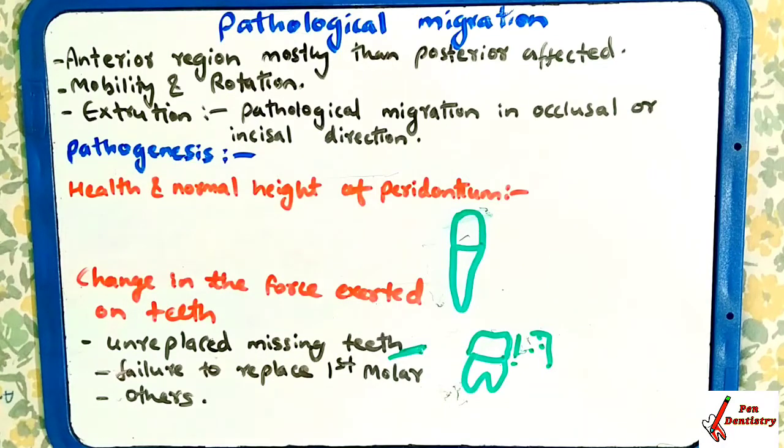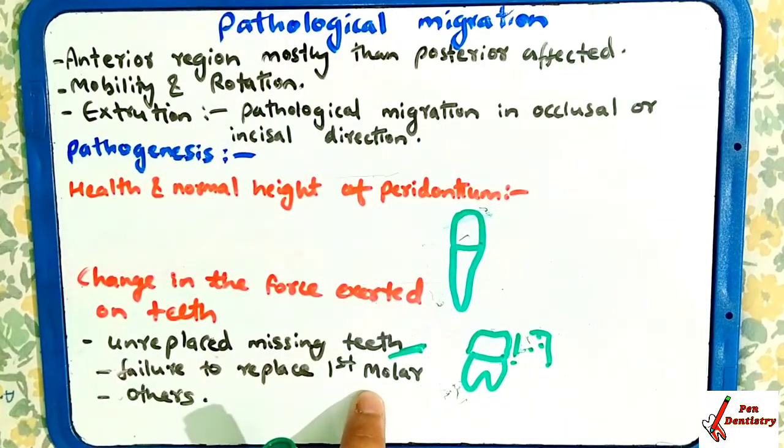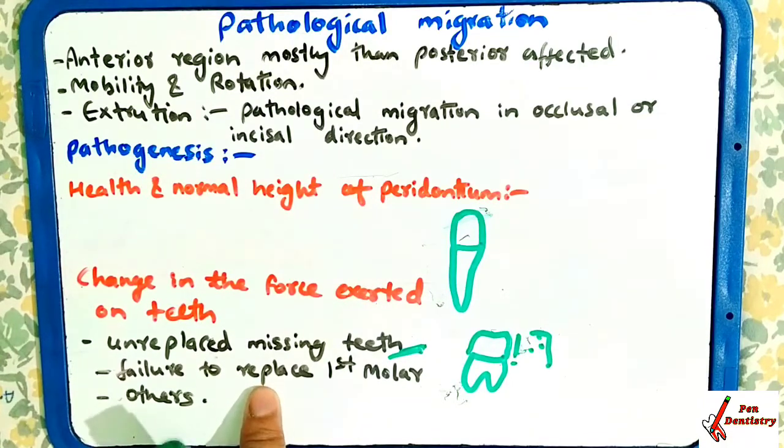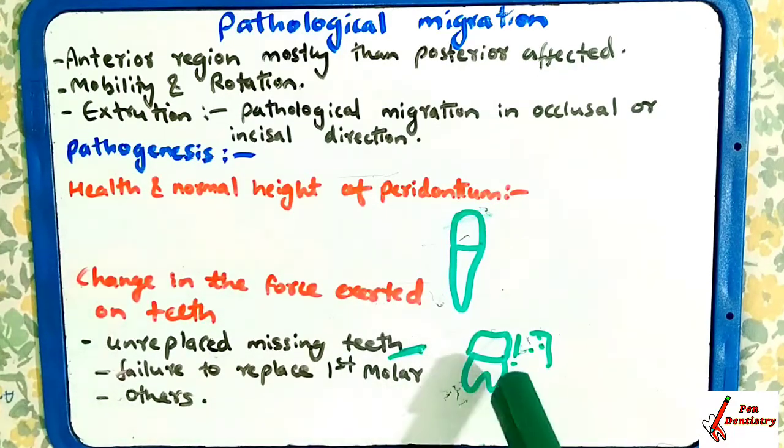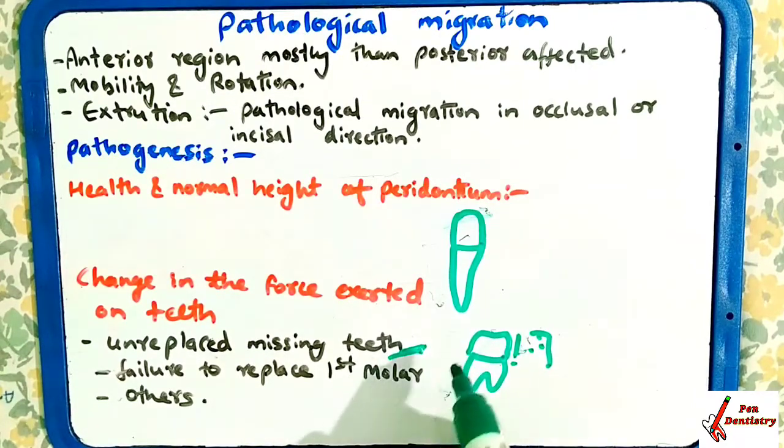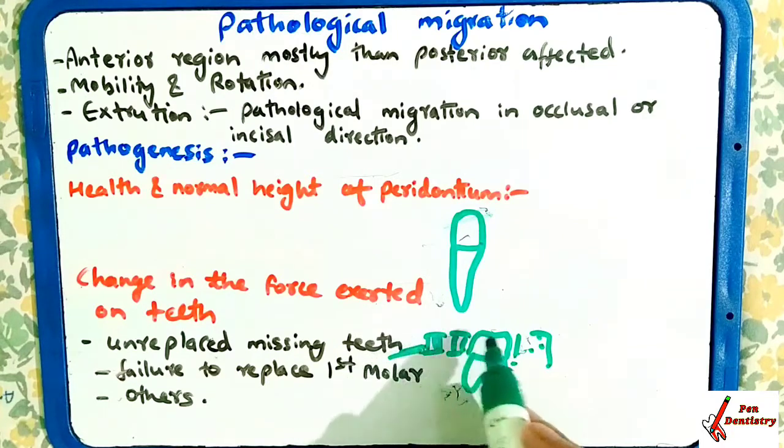Failure to replace the first molar. When the first molar is not present, the second and the third molar will tilt and drift to the mesial side.